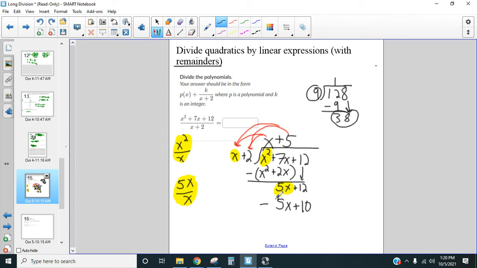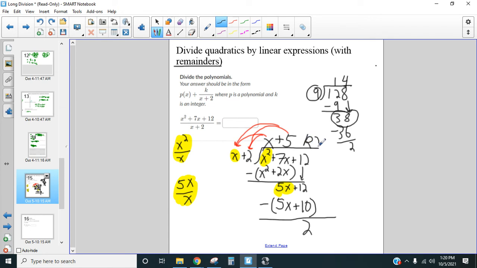Subtracted that. Now we have to subtract again. Just like up here, we did 9 times 4. That's 36. And we had a remainder of 2. Guess what? We have the same remainder on this one, don't we? It's 2.